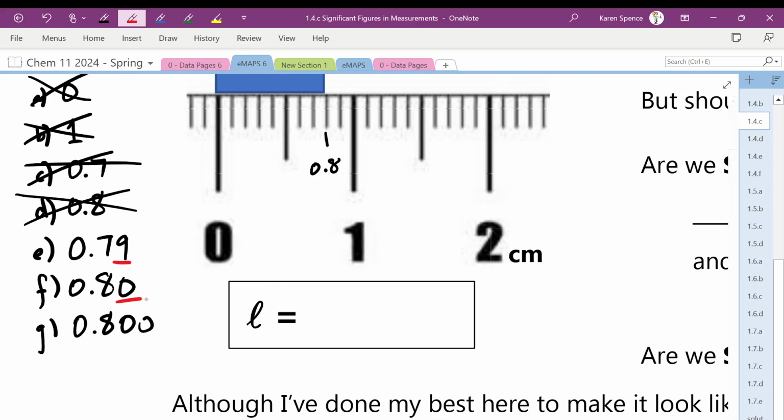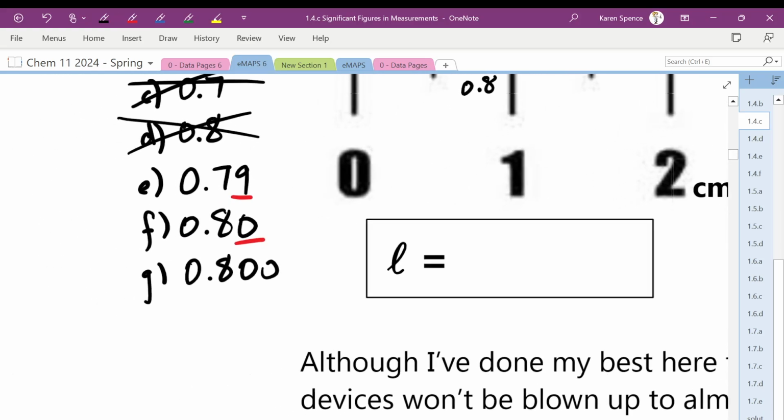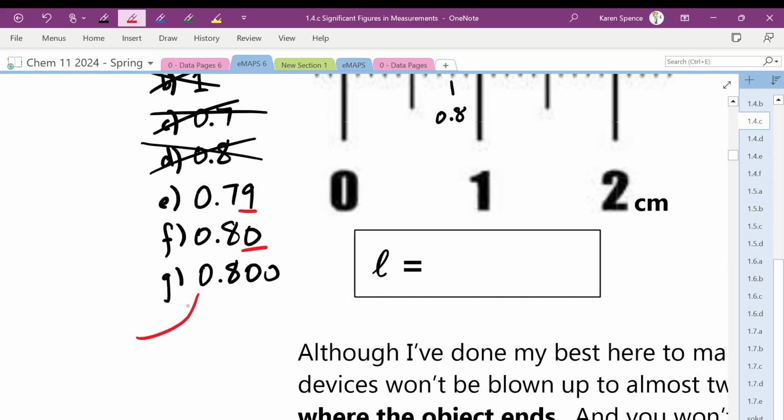Now, just before we carry on, I want to make sure you all know your place values. What place value is that 0? That's the ones. What place value is that 8?